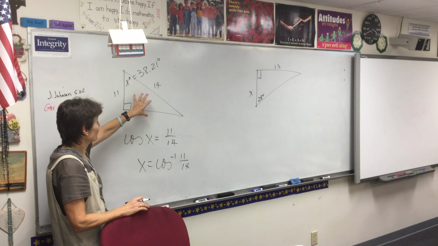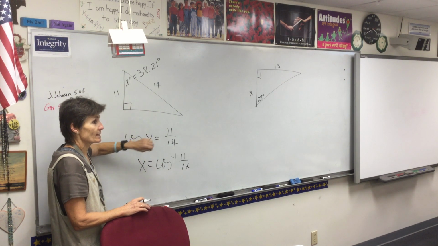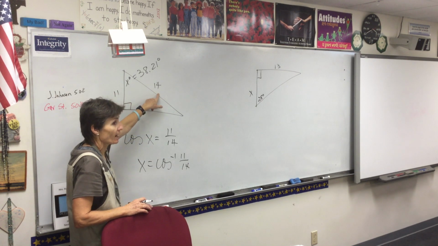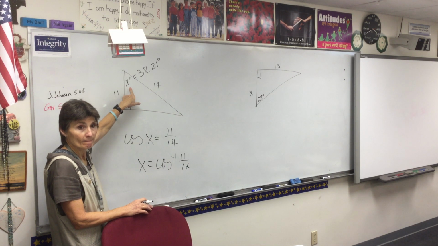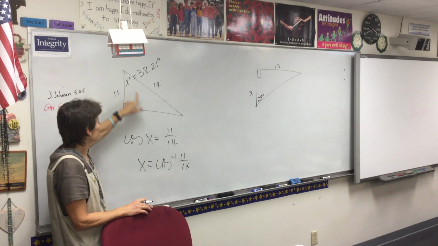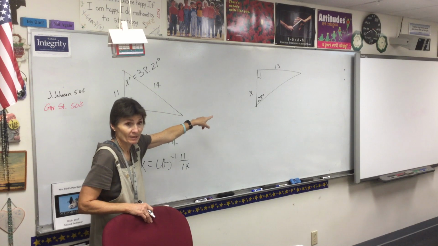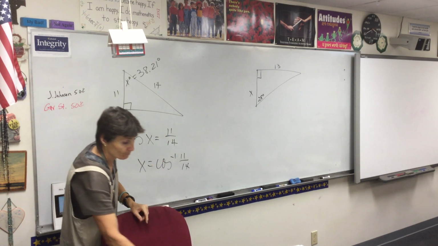Every time you write an equation to solve here, you're going to write a sine, cosine, or tangent equation, and it's going to depend totally on which sides you have relative to your angle. And we always use the special button if x is the angle. We won't be using the special button over here, but here we do because the angle is unknown.